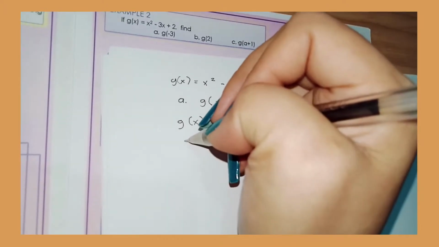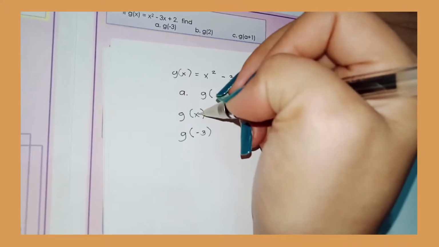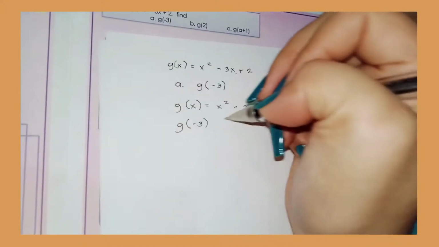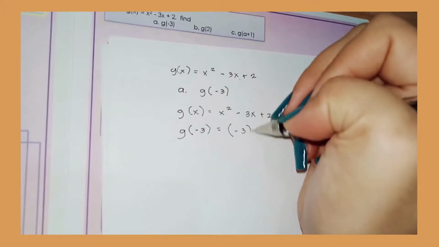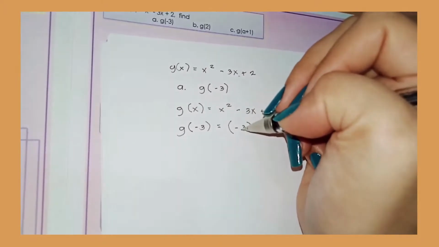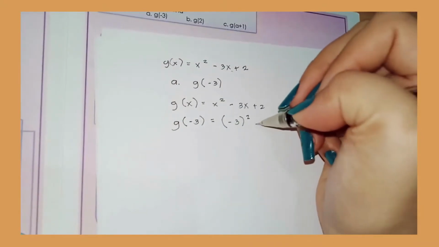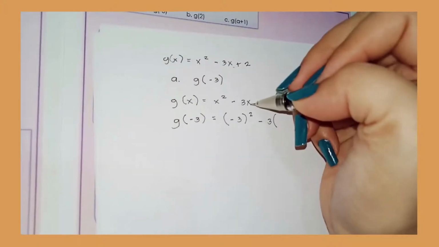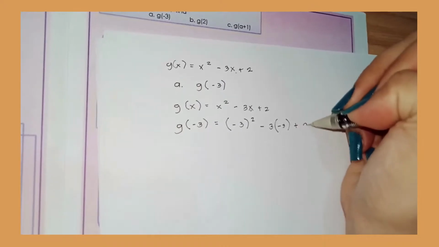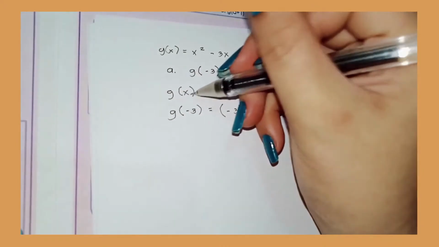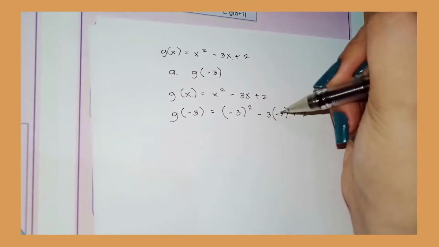So, this will be g of negative 3, kasi nga yung x papalitan ng negative 3, is equal to, open parenthesis, negative 3, kasi yung x pinalitan ng negative 3, copy squared, minus 3, yung x papalitan ulit ng negative 3 plus 2. So, yung tatlong x na nakikita nyo dyan, pinalitan ko ng tatlong negative 3.